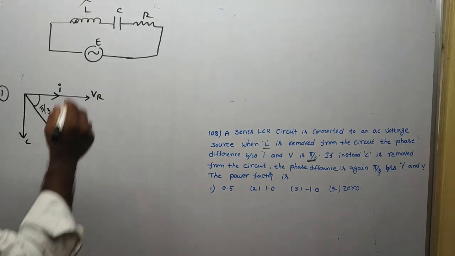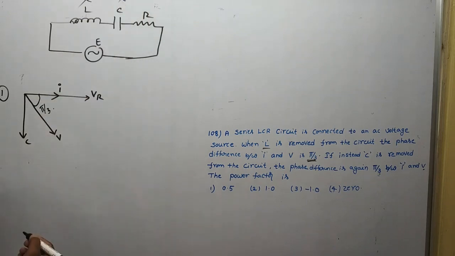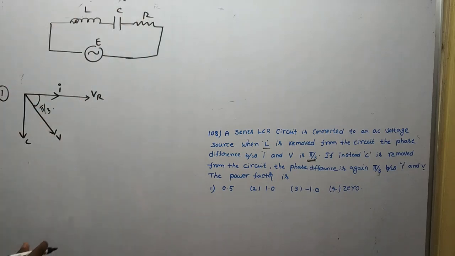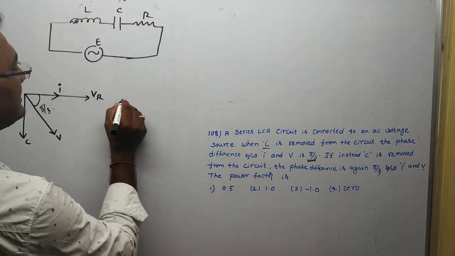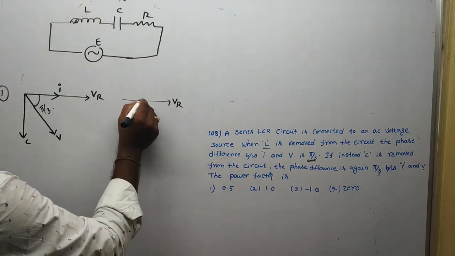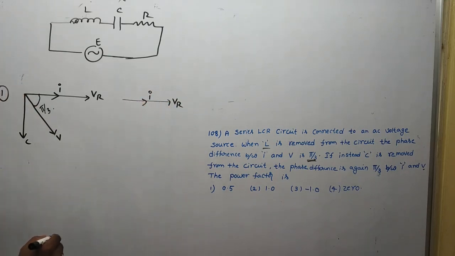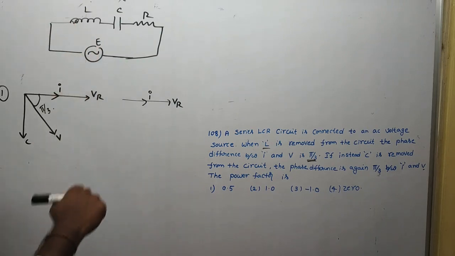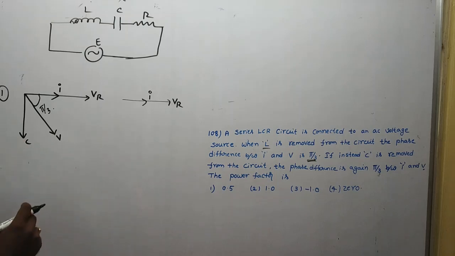And the second case, if we remove the capacitance, there will be an L and R in the circuit. The phasor diagram will be like this. VR acts like this and current is in the direction of VR. But in the case of a pure inductor, the current lags the voltage by pi by 2.